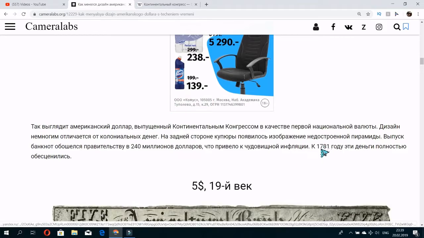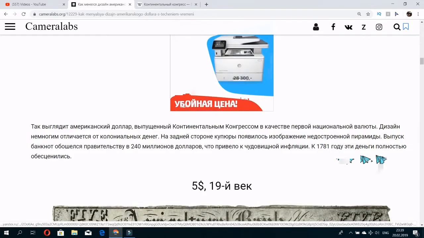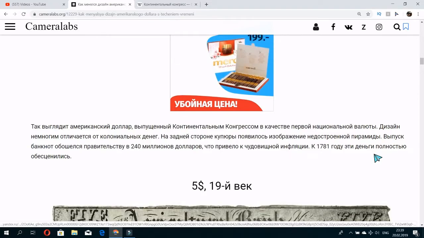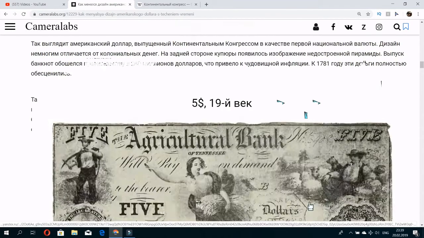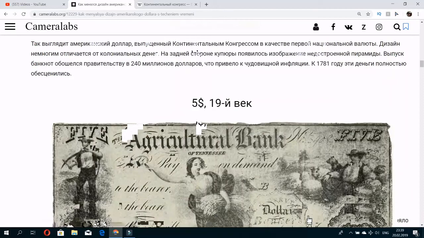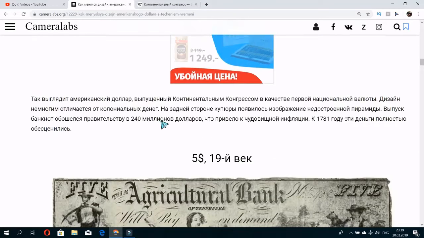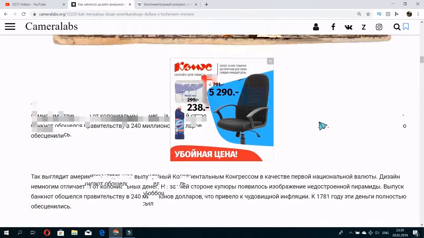And by 1781 all this money totally became priceless. I mean, their value was zero. Okay, and what I'm trying to say is that since then we don't have any money here.